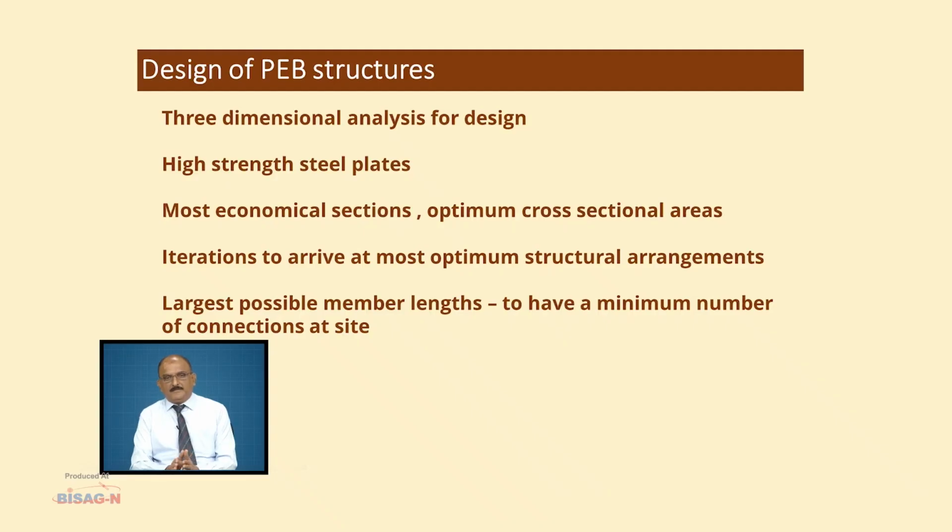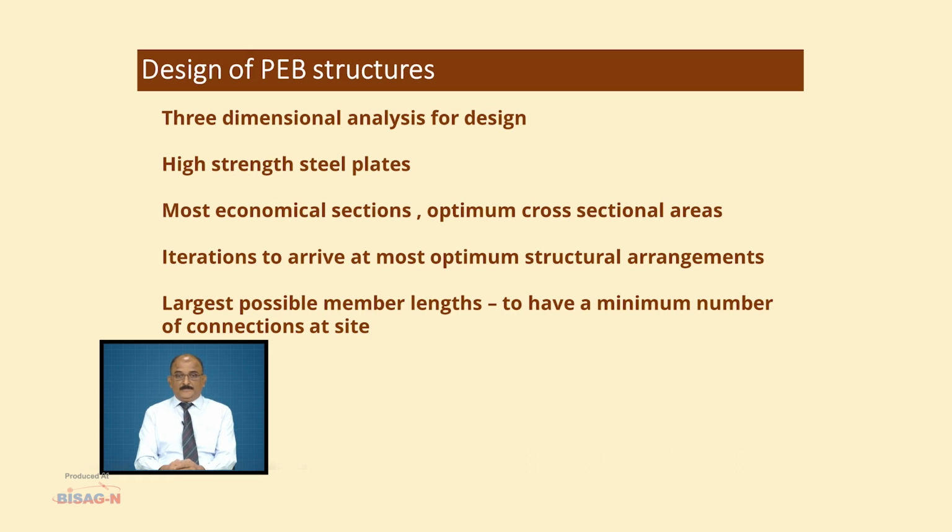Compared to the conventional building structures, in pre-engineered building structures, we always go for a three-dimensional analysis. The reason is we want to take advantage of all the members participating in resisting the forces, especially the lateral forces. Conventional steel structures use 250 MPa hot rolled sections such as I sections, angle irons or channels.